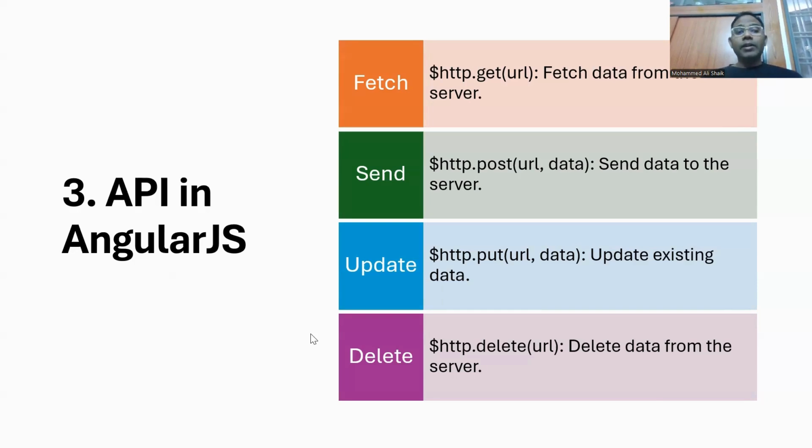Then we have delete. $http.delete is going to delete a particular specific URL from the server. Regarding this, let us start one example program by which we can understand all these operations thoroughly.